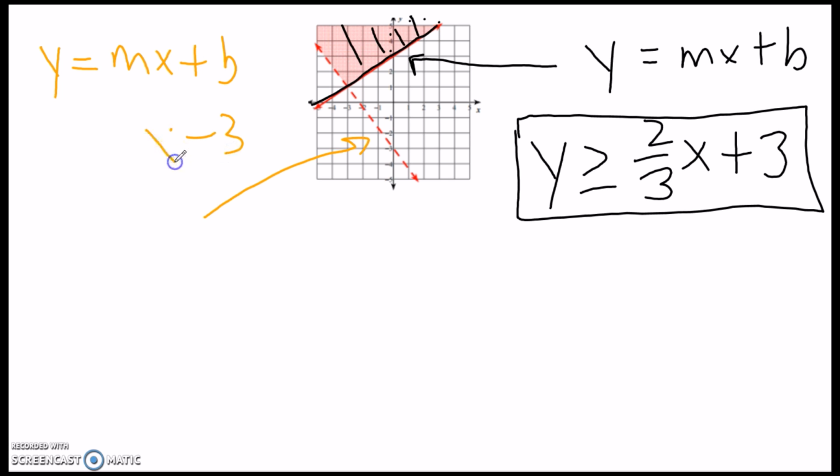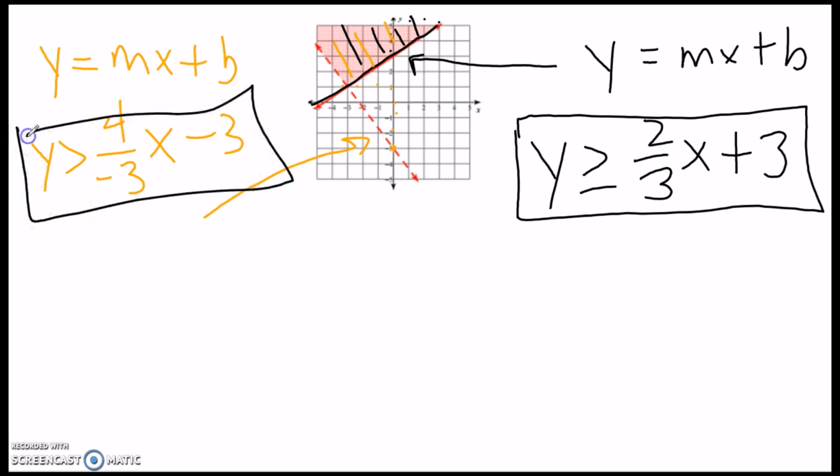I take my slope and go up 1, 2, 3, 4, and over to the left 1, 2, 3. So its slope would be up 4 and over -3. This line is dotted, so I won't put an underline, and it is also shaded above, so it's strictly greater than. Those are my two equations.